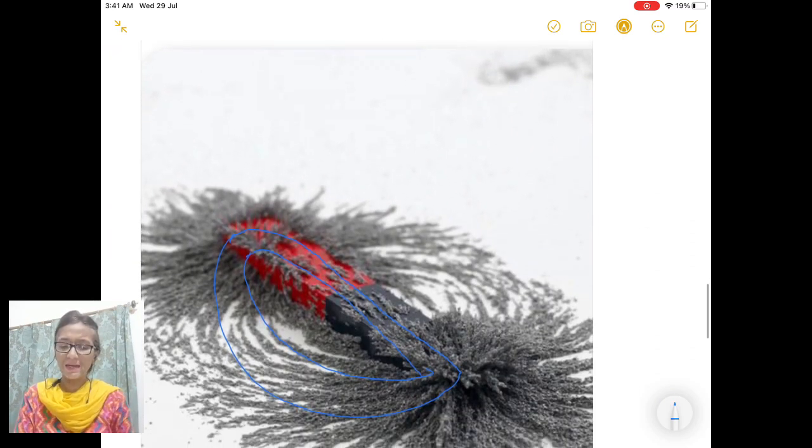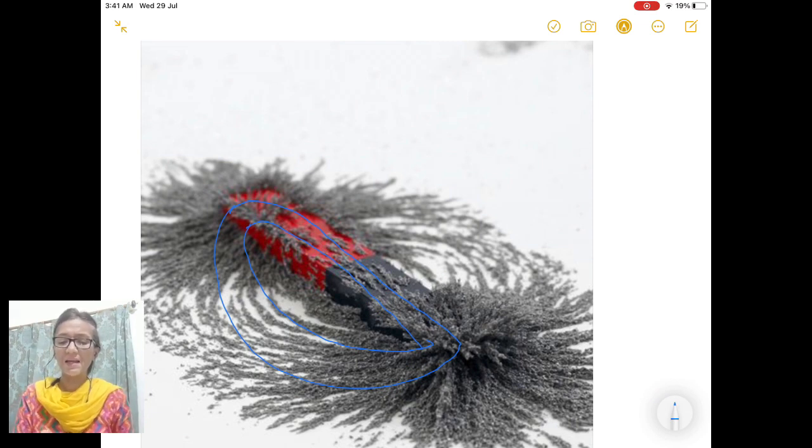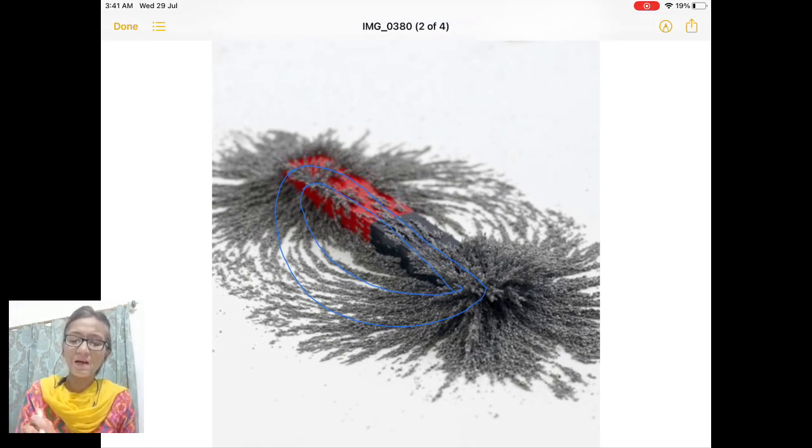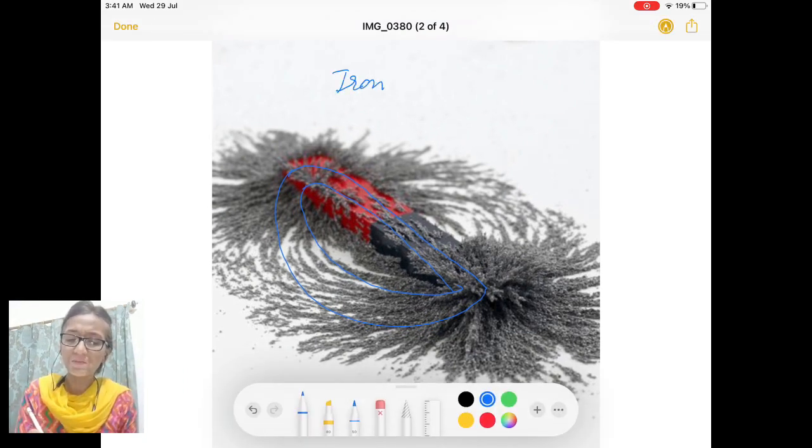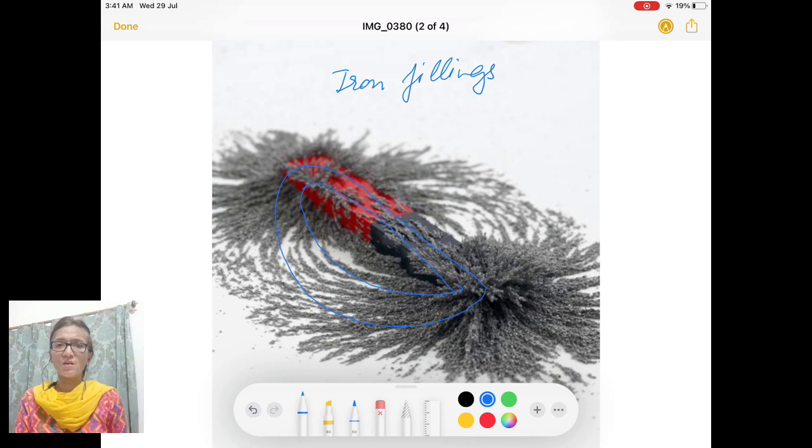So, what are magnetic field lines? Let us discuss. Here you have a magnet in the diagram and some iron filings sprinkled on this magnet, and under the influence of two forces, gravitational force and magnetic force, the iron filings arrange themselves in a particular pattern.